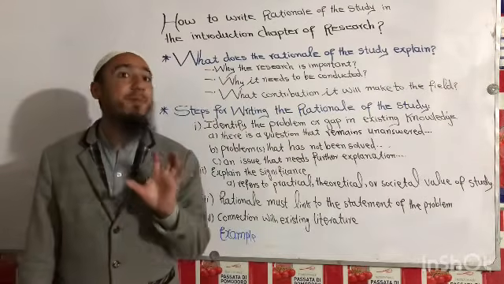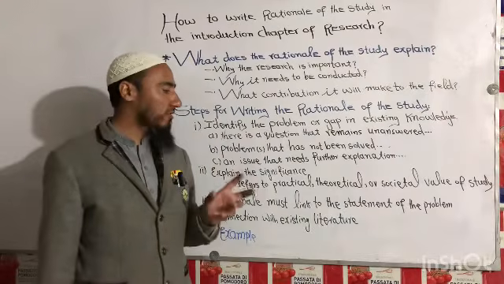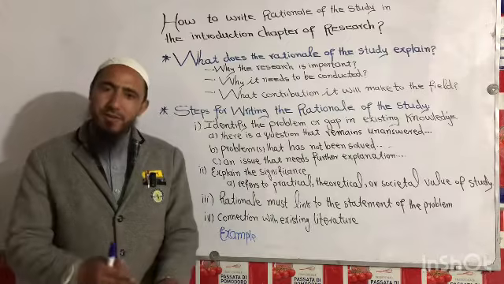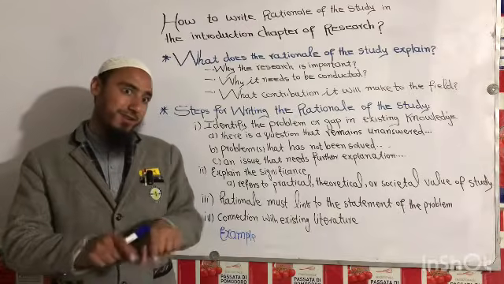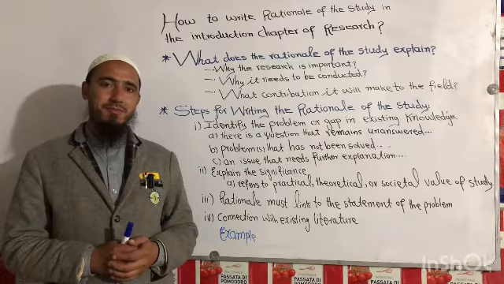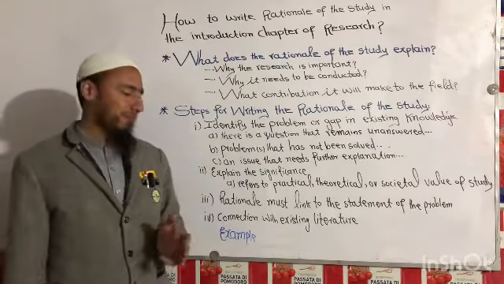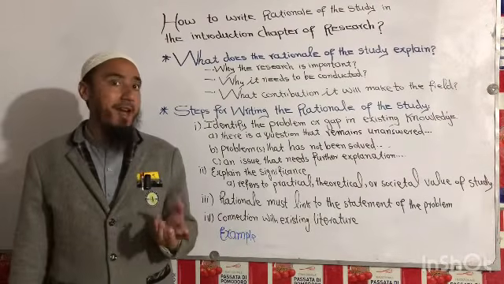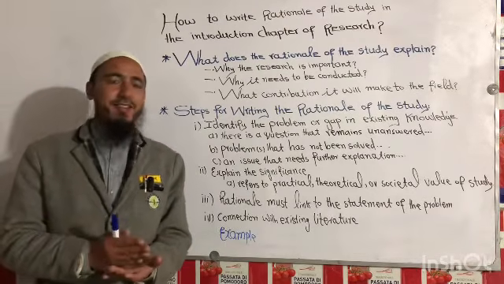There is another important step, and that is that rationale must be linked to the statement of the problem. Definitely, whenever we are talking about the statement of the problem, your rationale will take the idea from the statement of the problem, and it will explain that statement of the problem. And the last one is that it must have connection with the existing knowledge. What is meant by connection with existing knowledge?